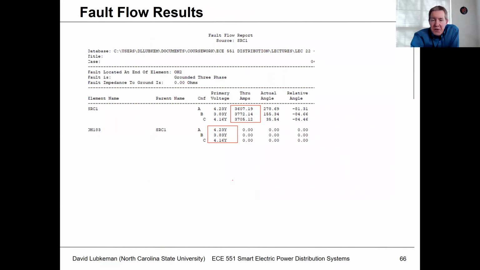And what the fault results show me is I'm getting 3 currents that are all different values. I'm getting voltages which are slightly different sort of values. So what's going on right here?